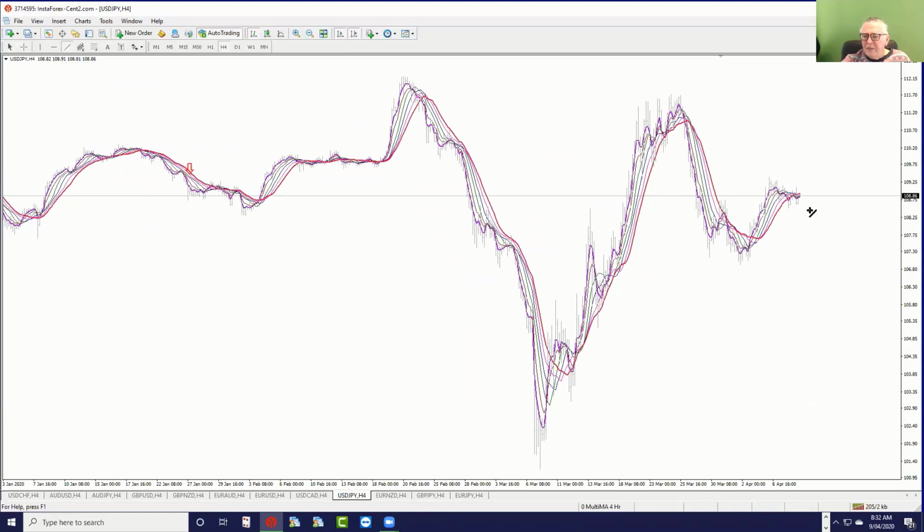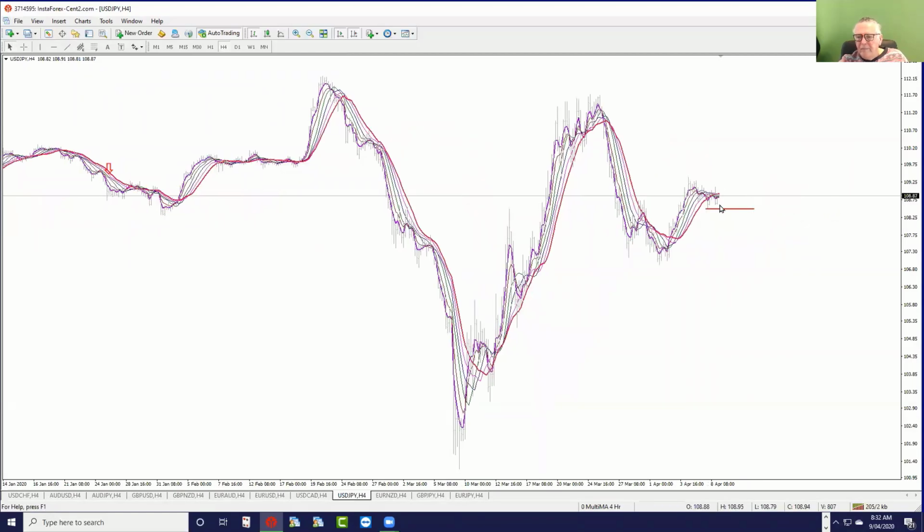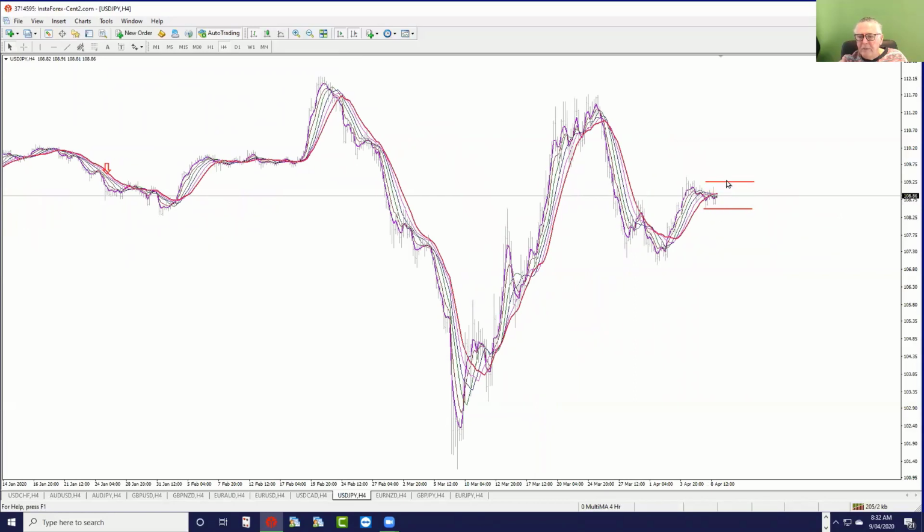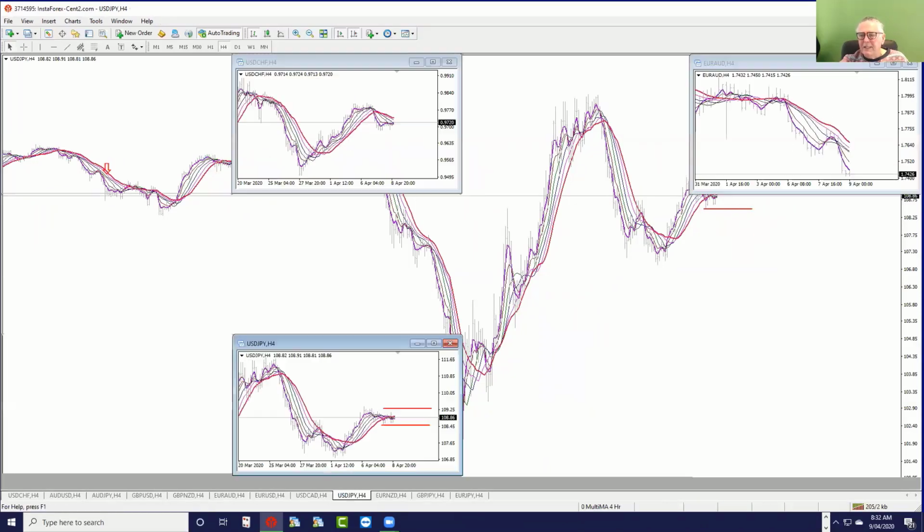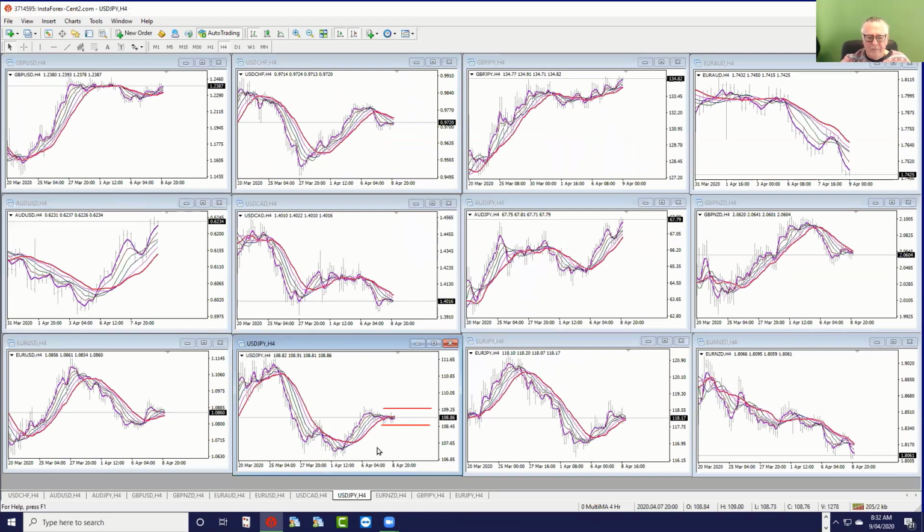You can straddle that and take advantage of a potential breakout, and that type of thing. But certainly that is a setup for consolidating markets.